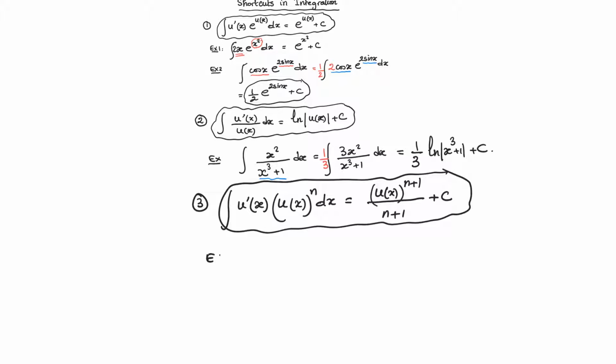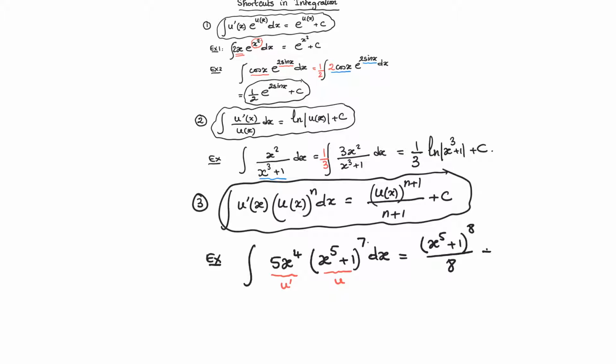And the way we can use that is, suppose you have, let's say, 5x to the power of 4, x to the 5 plus 1 to the power of 7 dx. Then, clearly, if this is a u here, then this is its u dash. So, by using this shortcut, it will be x to the 5 plus 1 to the power of 8 over 8 plus a constant c.